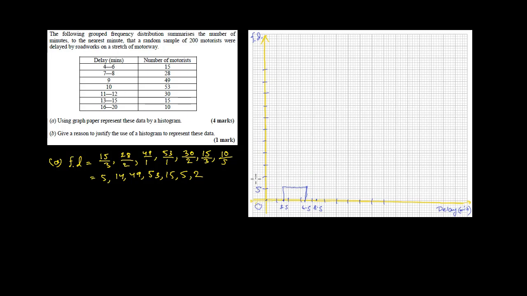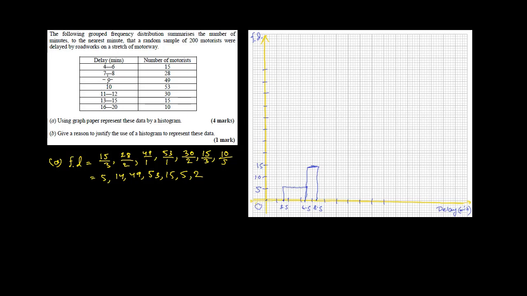So 5, 10, 15. So 14 is here. So this is 14. This is an approximate sketch because here the boxes are very small, so it will give you an idea how the sketch is done.